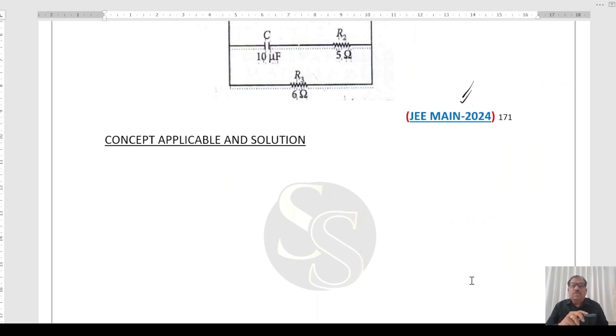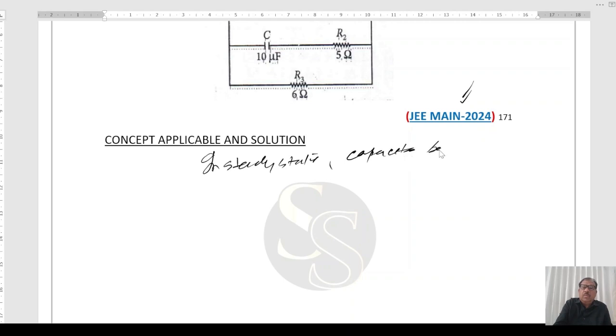Concept, applicability and solution. In a steady state, capacitor behaves like open circuit.